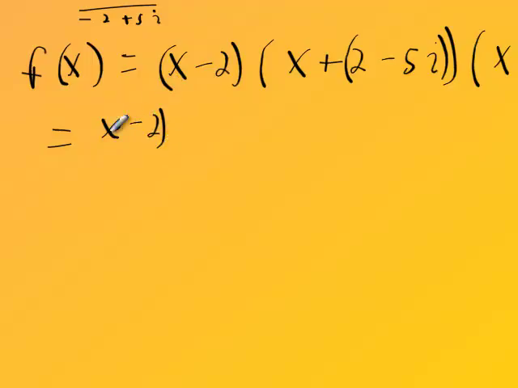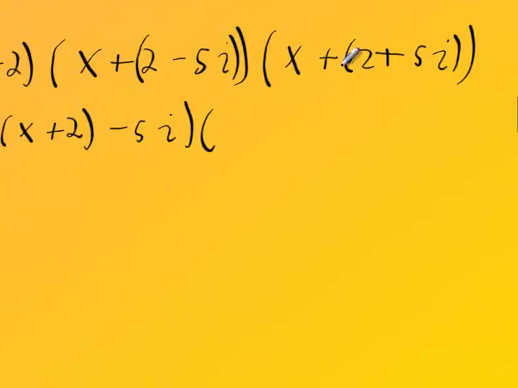We'll mess with that a little bit later on. And instead of grouping the 2 minus 5i, since we can use the associative property here, since it's all addition. I know it says minus here, but remember, subtraction is simply the additive inverse, so we're saying plus and negative. So I'm going to change my grouping here as x plus 2, and then minus 5i, and then I'm going to group together the x plus 2 here. And I'll show you why I'm going to do that in just a moment.